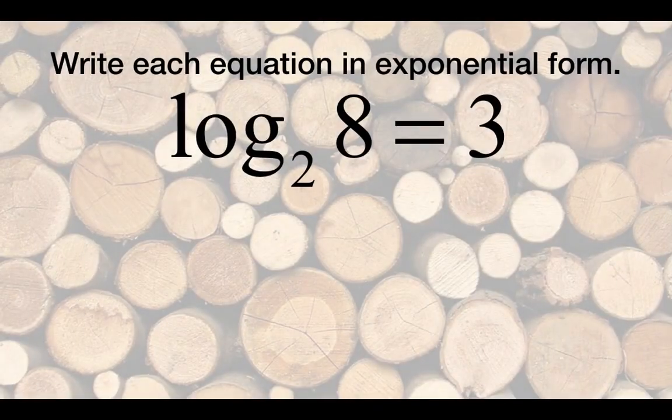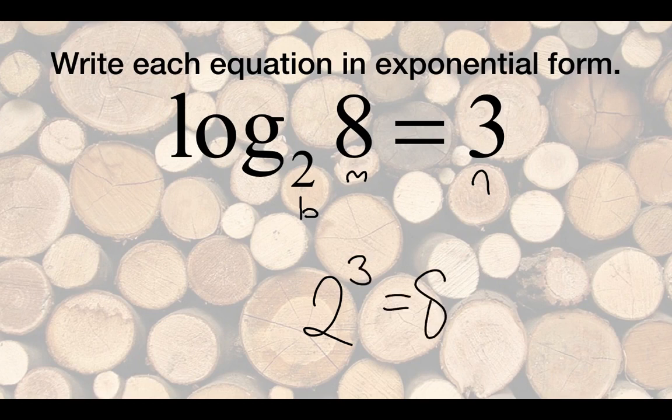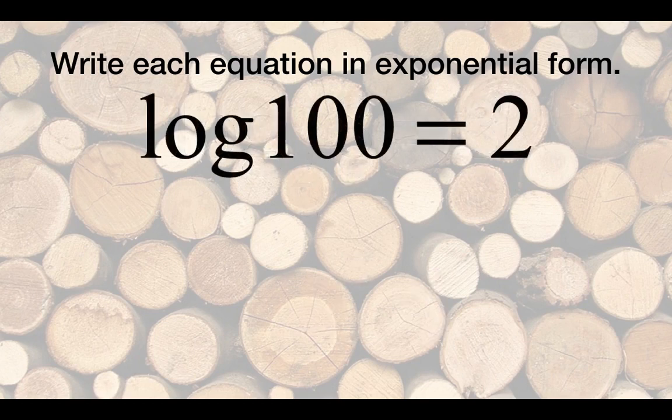Now let's try switching from an equation in log form to exponential. So this becomes 2 to the n power, which is 3, equals 8. Here we go. Remember our base is this, so it becomes 10 squared is 100.